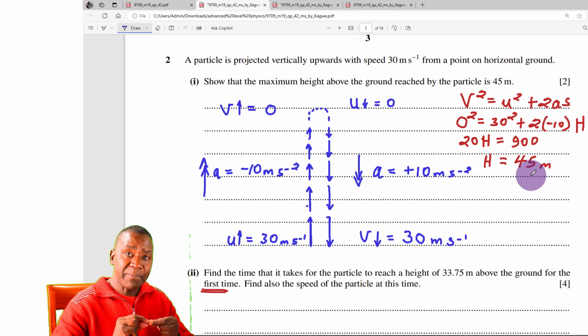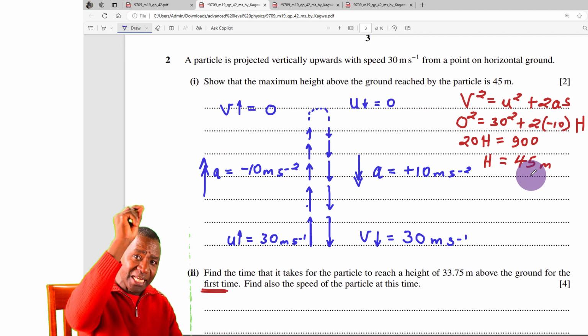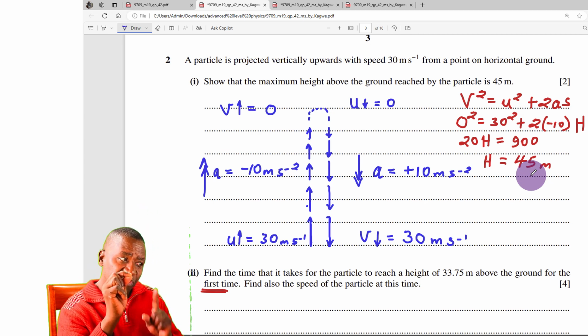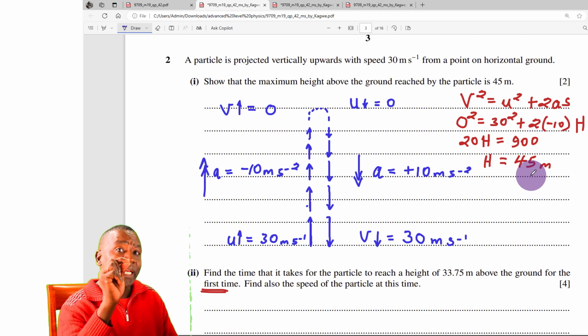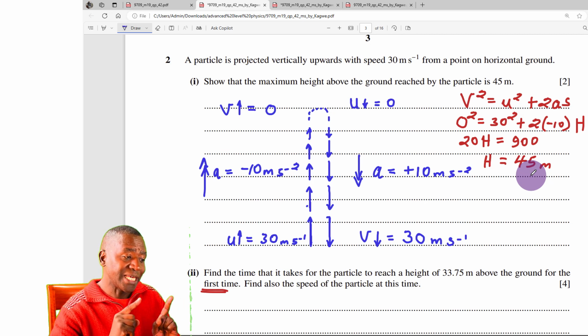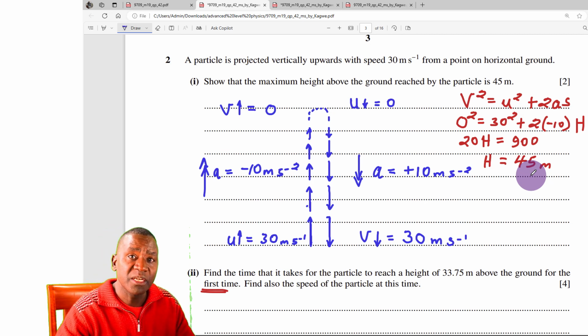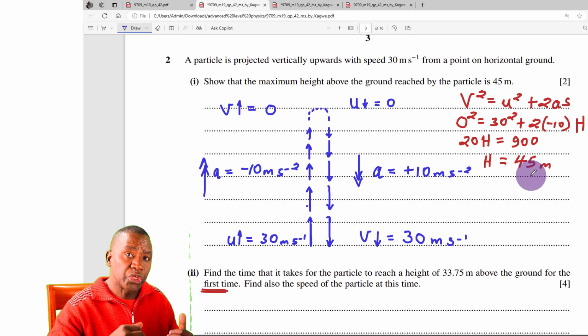The first time is when it is moving vertically upwards. We can call that one T1. And then the second time is all the way from the starting point to maximum height back to that same point of the 33.75 displacement, but it's moving downwards. Those are the two times for which its displacement is 33.75.